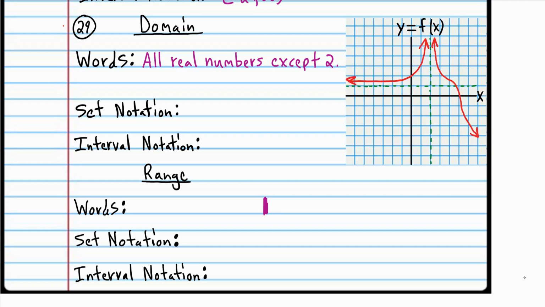So all real numbers except 2. The domain is a set of all x values such that x is not equal to 2. And in interval notation, we write a parenthesis, -infinity, comma, 2, parenthesis, union, parenthesis, 2, comma, infinity.